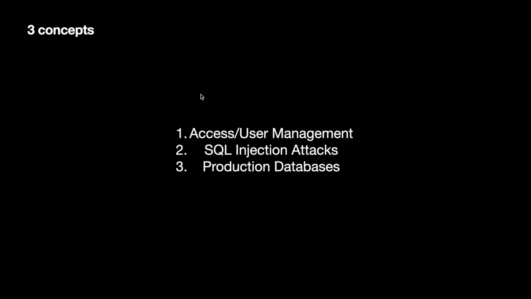Awesome. So we've gone over these three concepts, and let's review them really quickly. Access and user management is managing permissions of a user so they can only do what they're intended to do on that database. A SQL injection attack is where an end user inputs wrong, quote unquote, input, but it's actually a SQL query that can go into the database and create changes or output data that is not intended.